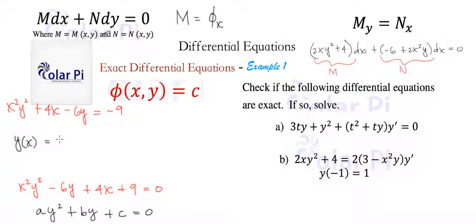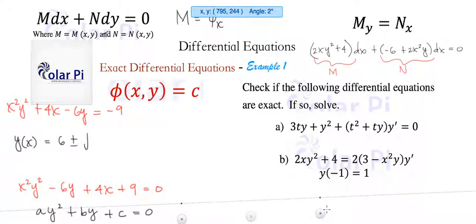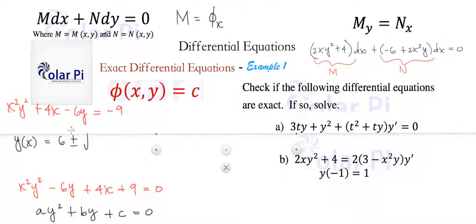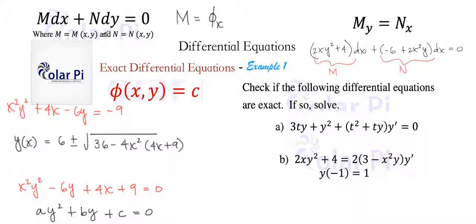minus b, so that's positive 6, plus or minus the square root of b squared minus 4ac, which in this case is going to be 36 minus 4 times a, which is x squared, times c, which is 4x plus 9, and it's all under the square root.